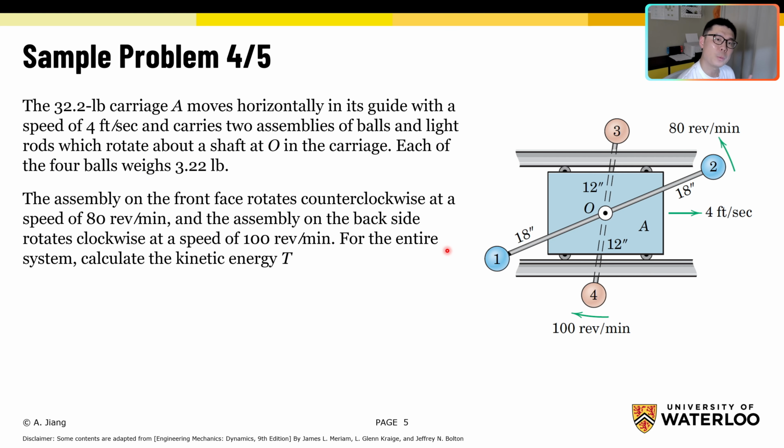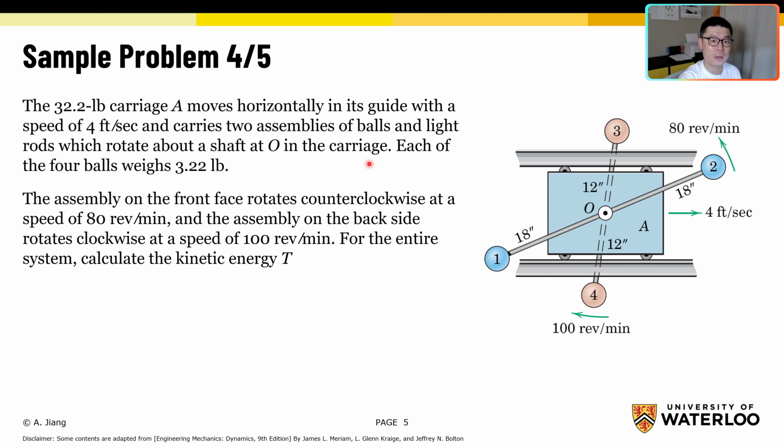Next example, we have a 32.2 pounds carriage A that moves horizontally in its guide with a speed of 4 feet per second and carries two assemblies of balls and light rods. When you see light rods, it means the mass of the rod can be ignored. They rotate about the shaft at O, right here, in the carriage.